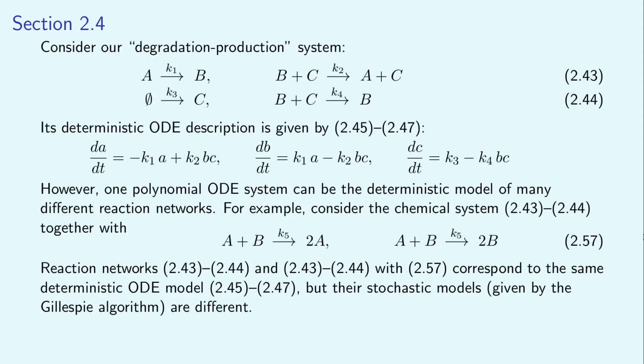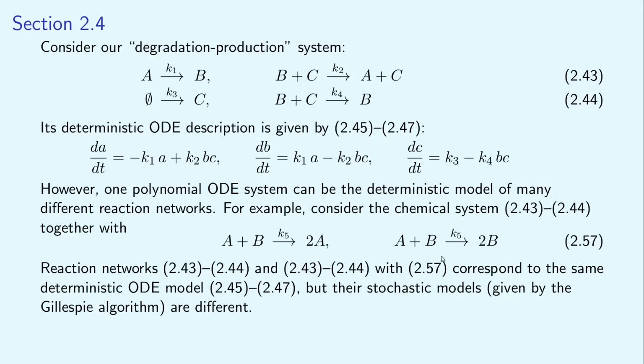For example, let us add two more reactions to our chemical system. They are given here. They have the same value of the rate constant, K5. Since A is produced in the first reaction, it corresponds to the term K5AB in the first differential equation.